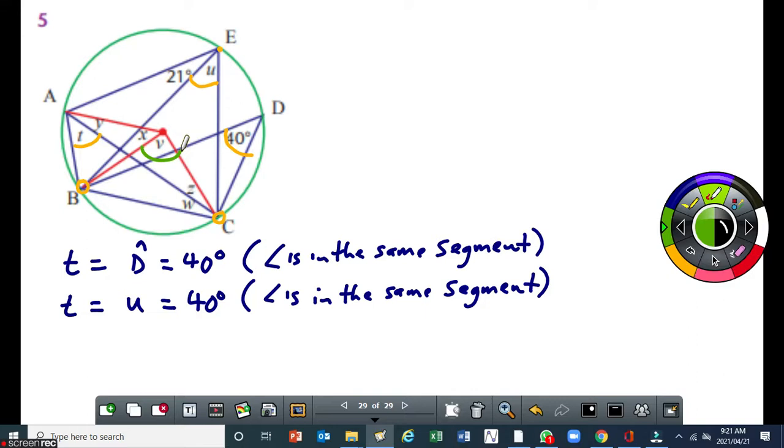Either it's theorem 2, 3, or 4. To find the value of V, you have to use theorem 2, 3, or 4. I think it's 40 degrees because it's also subtended by... No. No. No.